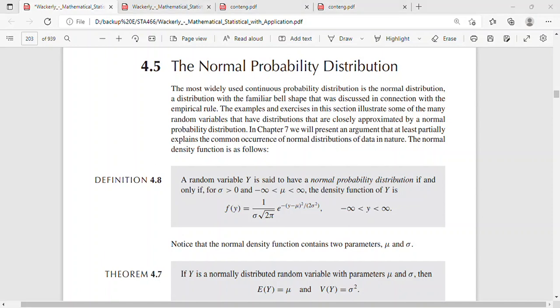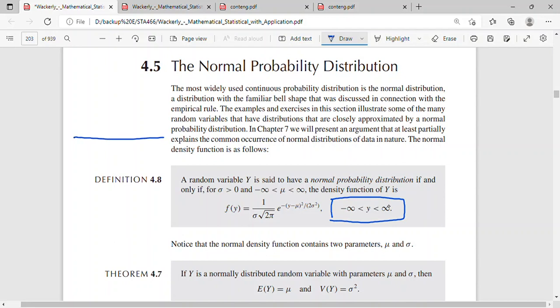Dan dipanggil range-nya involve from negative and positive, kan, kalau bell shape, right, bell shape, positive dan negative.